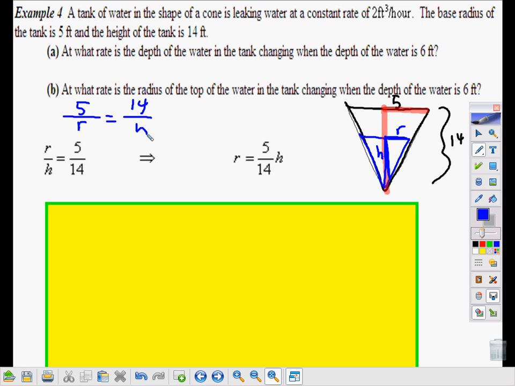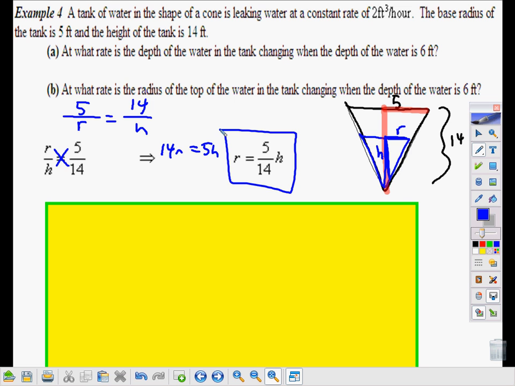Now you have to solve for one in terms of the other, so it's cross multiplication. Either one of these: 14r is 5h, and I solve for one in terms of the other. They chose to solve for r and got it in terms of h. This is important because you could have done h equals 14/5 r.